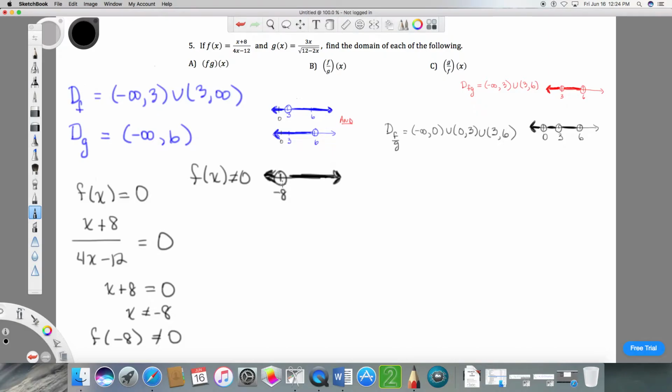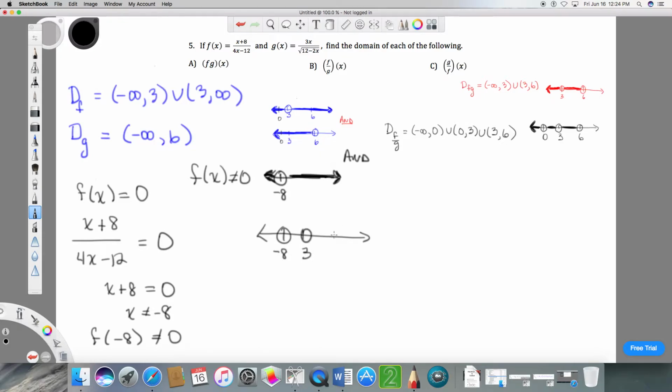So when we find the intersection of these 3 sets, that'll be our answer for the domain of G over F. And -8 is clearly not in this set, so it's not in the intersection. It's not in all 3 sets. So we're going to throw out -8 from the domain. And +3 for the same reason. +3 is not in all 3 sets. Therefore, +3 is not in our intersection.